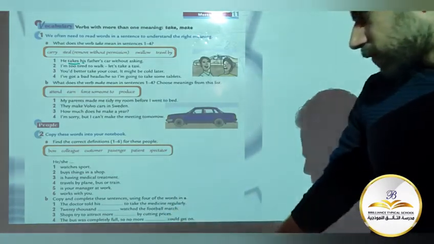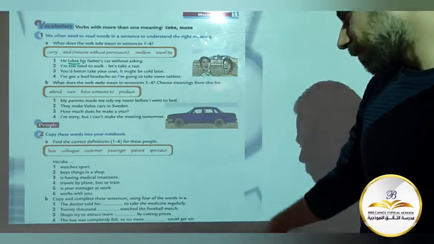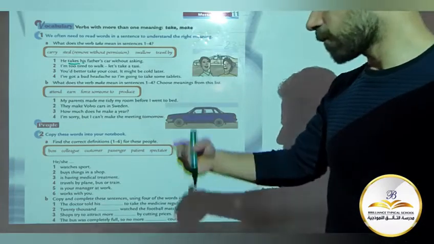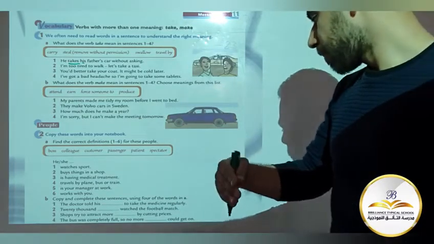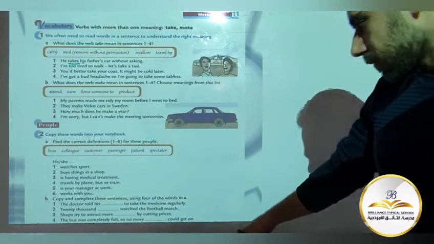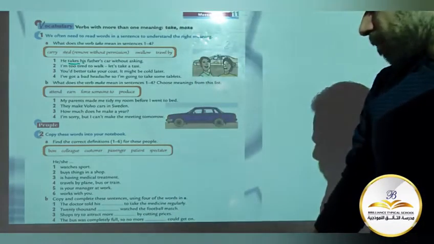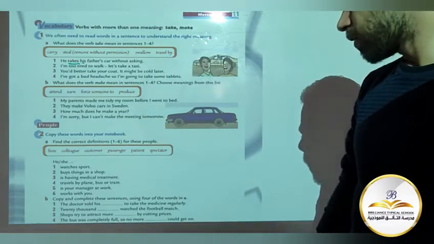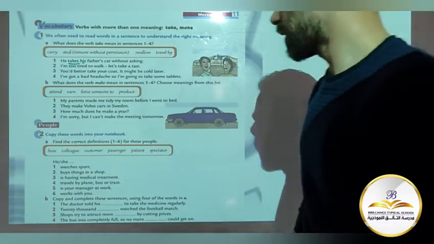And also we have shops try to attract more by cutting prices. What is the meaning of cutting prices? It means making some sales. The bus was completely full and so no more could get on. So what are we going to say? Let's see.